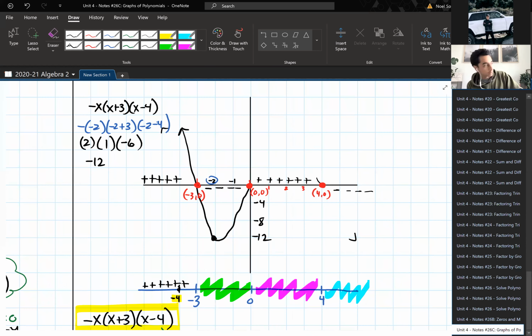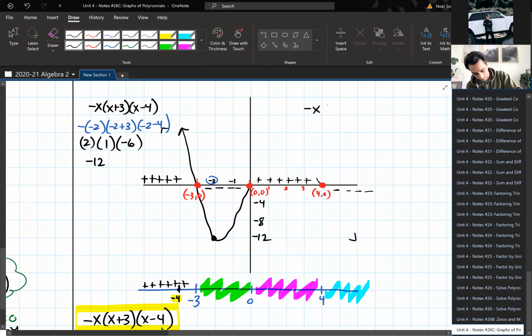Same function, -x times (x plus 3) times (x minus 4). So negative times 2, 2 plus 3, 2 minus 4. So -2 times 5 times -2, that's actually going to be positive 20.